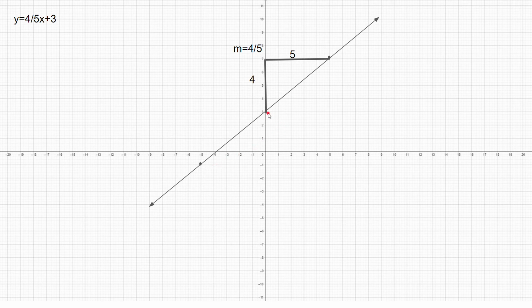This is 0, 3, and this is 5, 7. It's useful to see the lattice points, since it's kind of hard to see what the slope is if there aren't any. So I might get it confused as just one, since it is kind of similar.